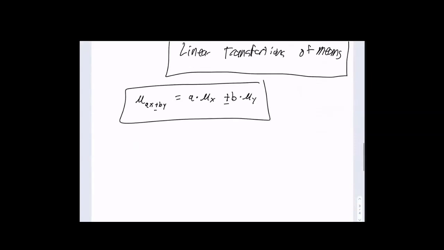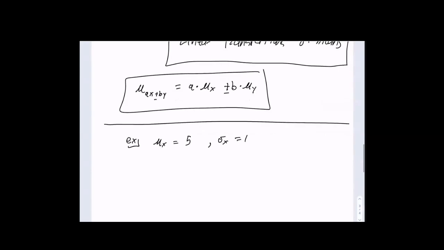So for example, if I told you that the mean of X was equal to 5, the standard deviation of X was equal to 1. I was actually planning on doing standard deviation, but with such a short time, I really need a lot more time to focus on it. So I'm going to give it to you right now, but we're not going to use it. And the mean of Y is equal to 3, and the standard deviation of Y is equal to 2.